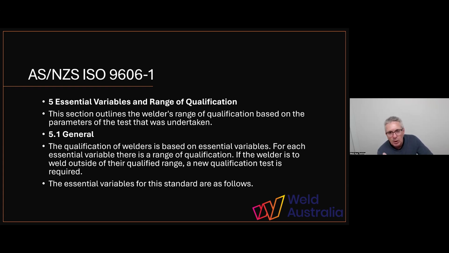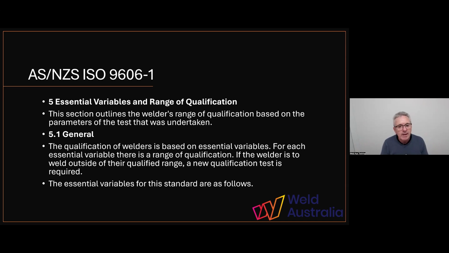So what it means from an operator's point of view is whatever type of weld he's done in relation to process, thickness ranges and so forth, when we've worked out the range of qualification, he must work within that range. If he goes outside that range, we've got to then consider re-qualifying. So that's why we've got that. It's an essential variable. We'll give him that range so we can weld from that to that. If he comes outside that or under that, he's not qualified.